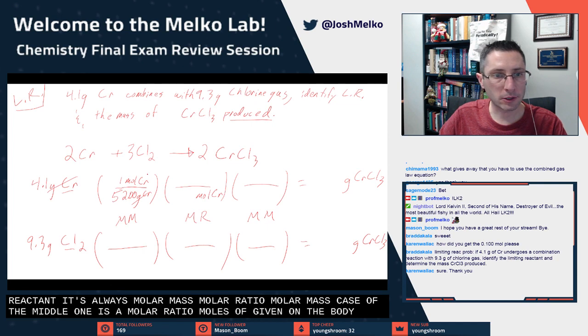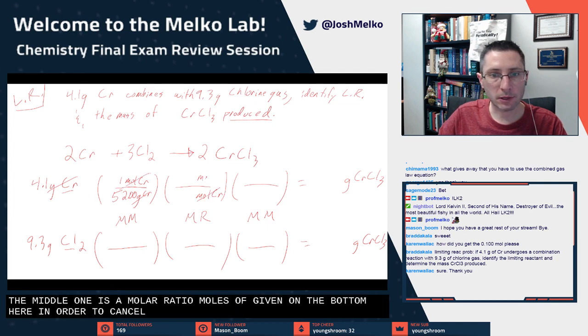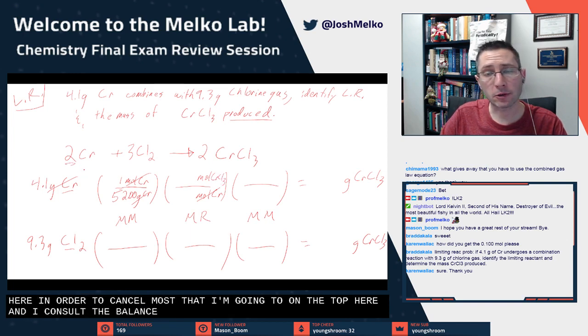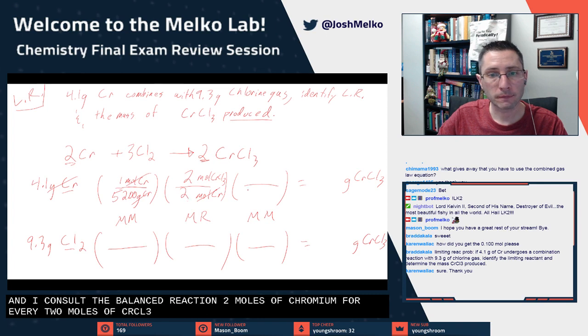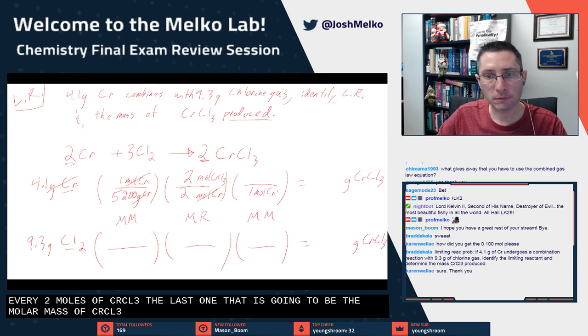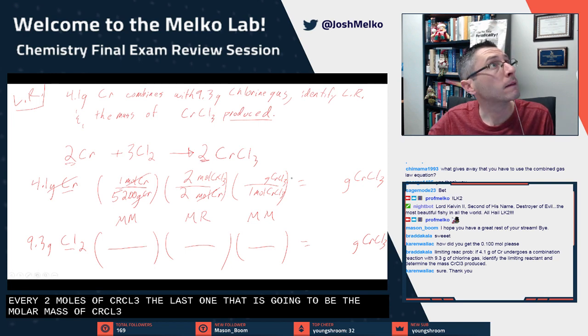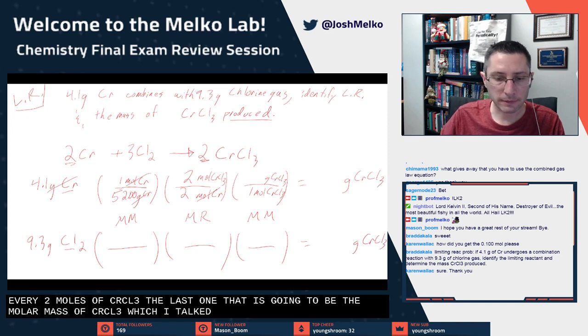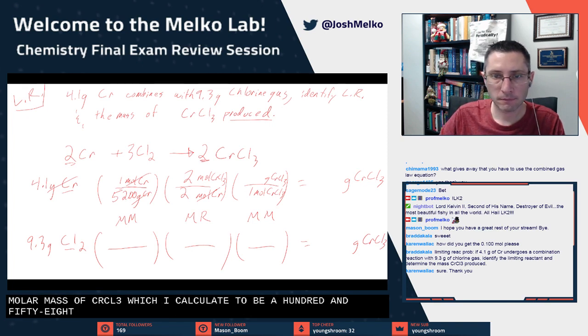Moles of given on the bottom in order to cancel, moles that I'm going to on the top. And I consult the balanced reaction. The whole point of writing and balancing the reaction is that for this middle unit factor, there's 2 moles of chromium for every 2 moles of CrCl3. And the last one then is going to be the molar mass of CrCl3, which I calculate to be 158.35 grams.